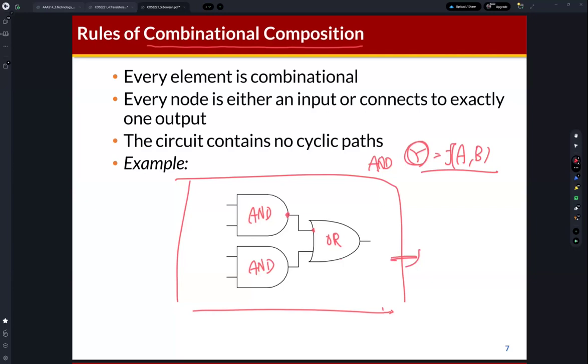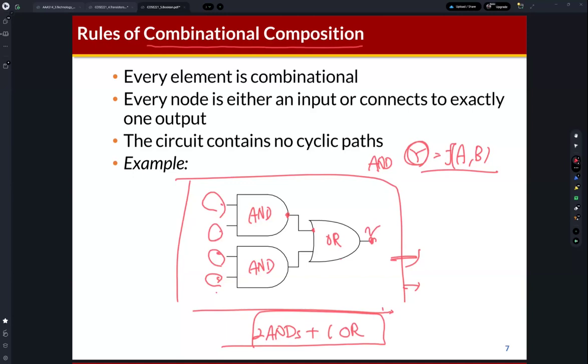We combined two AND gates and one OR gate, and we can make a combinational logic. Why? This is the output and these are the inputs of this logic, but the output is just determined by combinational logic. So this is the rule.